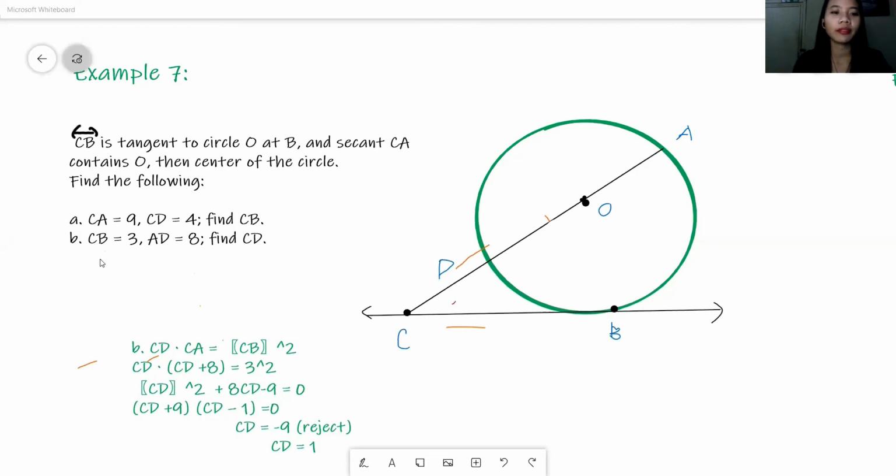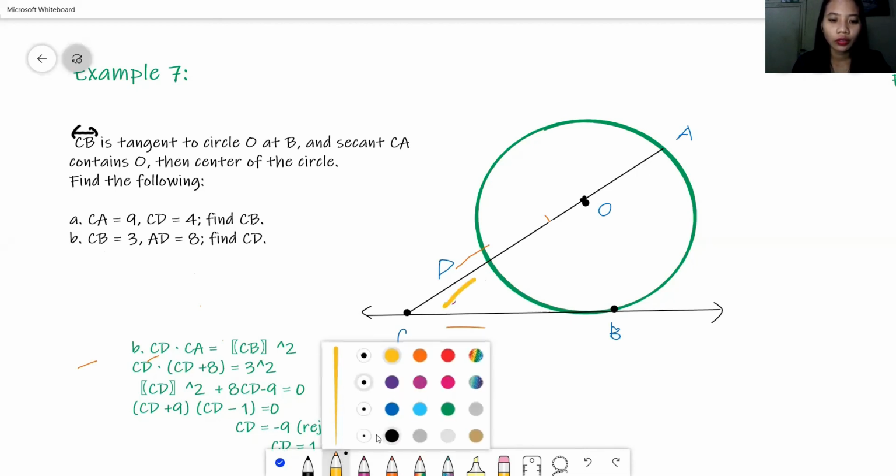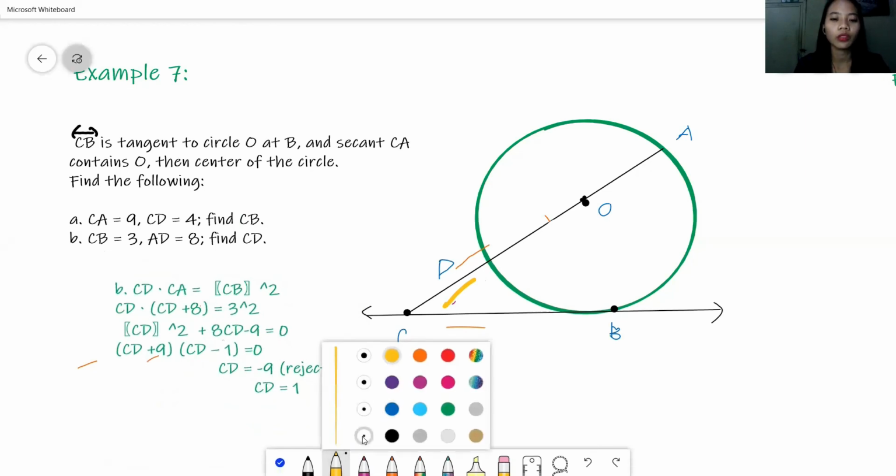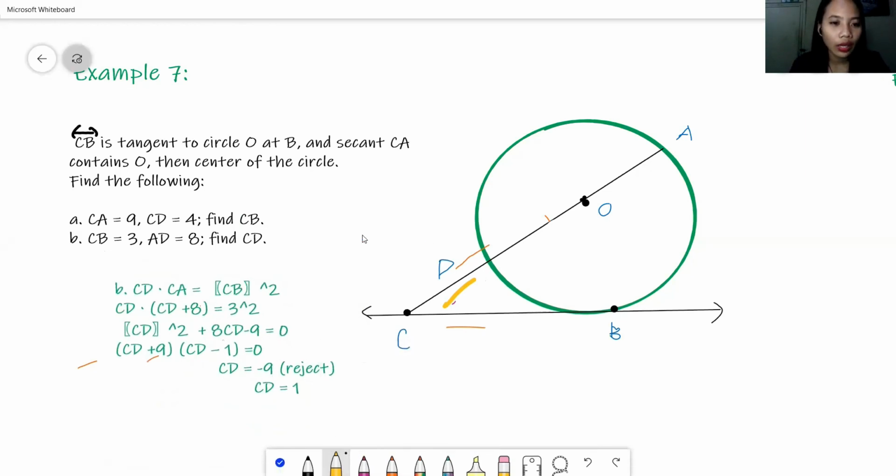Okay, in problem B, we are finding now the value of CD, this one, the CD in this one. So to find the value of CD, we are given the value of CB, which is 3, and AD, just here, is 8.